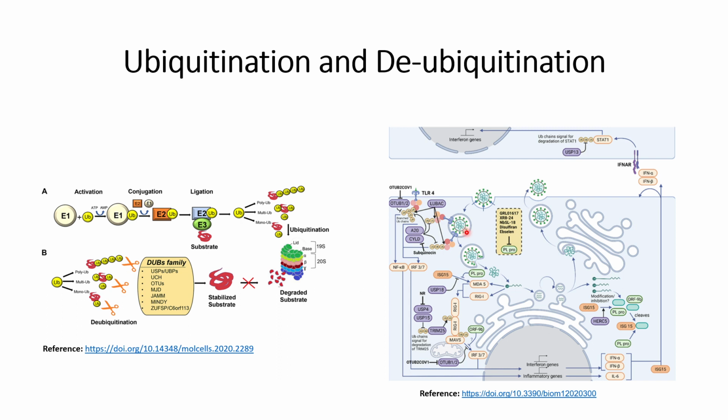So let us consider this example. In this case the virus has entered into the cell, and this purple box is shown as one of the enzymes of DUB, that is, de-ubiquitination enzyme.